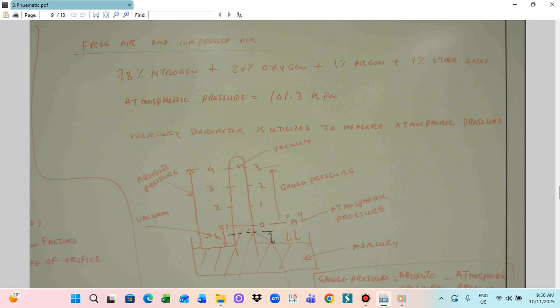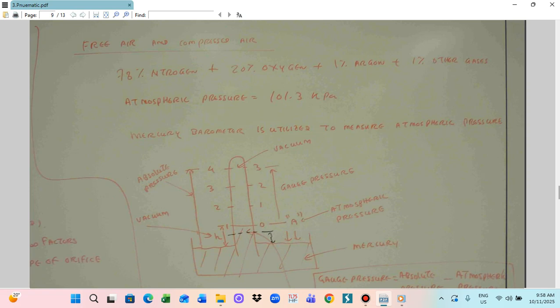So this is the typical composition of air: nitrogen 78%, 20% oxygen, 1% argon, and 1% other gases. Is all this part of the calculation or not? Calculation? Yes, it's the composition.